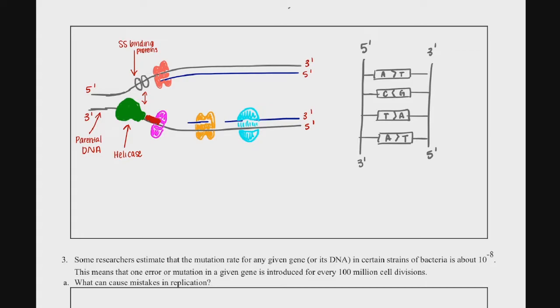This red thing right here is that RNA primer that we talked about that helps replication get going. This enzyme attached is primase, which, as you can see from the diagram, is creating that primer that's annealing to the free DNA strand, that single DNA strand.